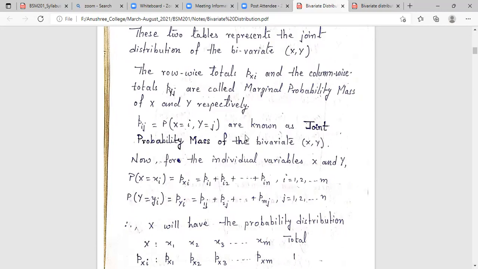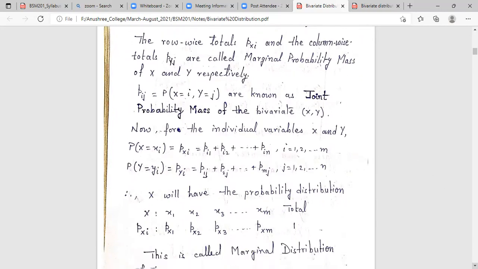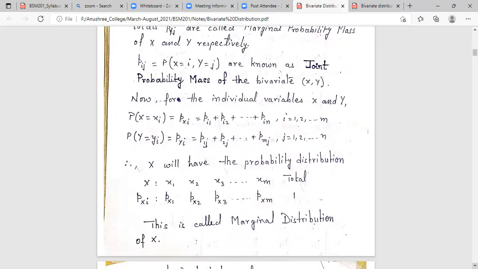It is known as the joint probability mass of the variate xy. And the extreme right-hand side sums and the bottom sums are known as marginal probability mass. Now it will be clear from the table which is the marginal one and which is the joint probability mass of the variate.